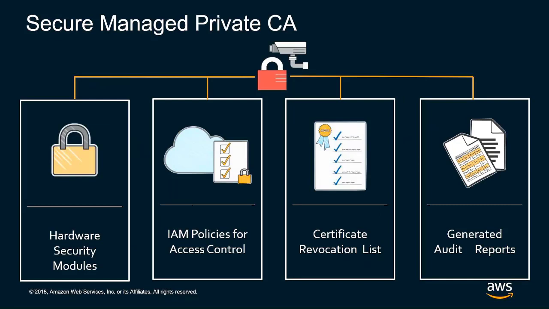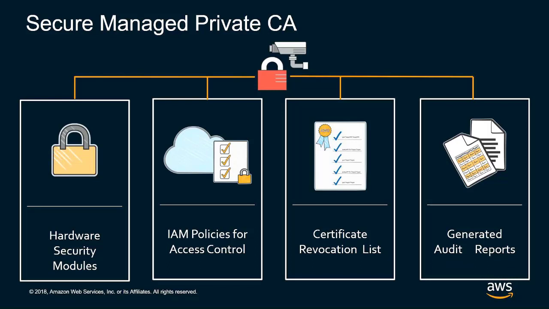So let's get into each of those benefits and go through them. ACM Private CA manages hardware security modules. These are FIPS 140-2 Level 3 devices designed to protect the private keys against compromise or against unauthorized access. ACM Private CA also is controlled by IAM policies, so you can write policies to determine who or what has access to the private CA and what they can do.